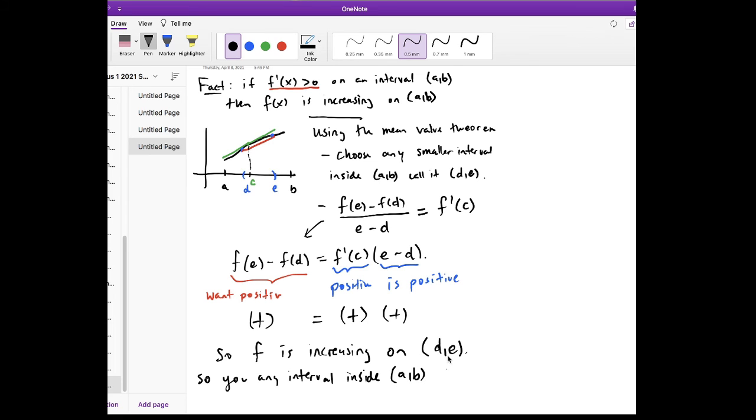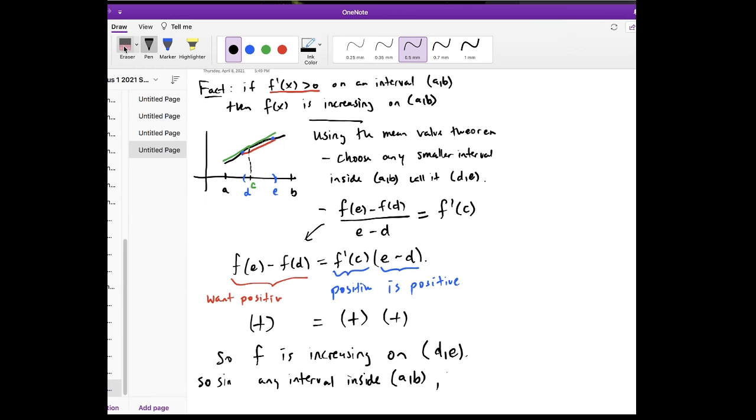So since it was true for some arbitrary interval inside, it's true for every one. Since it's true for any interval inside AB, f is increasing on AB.